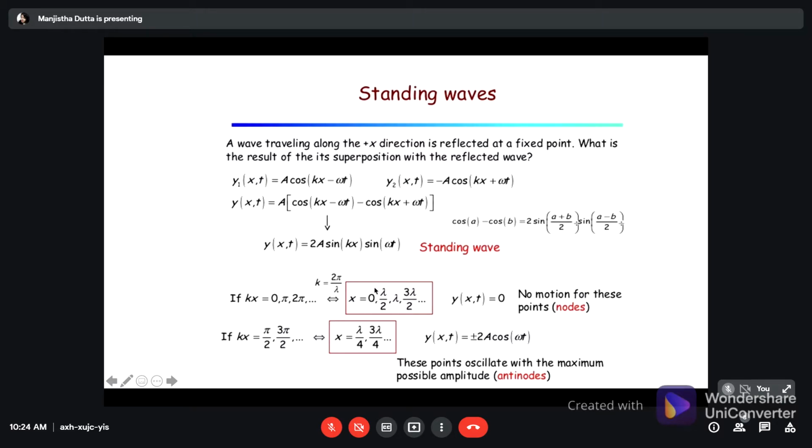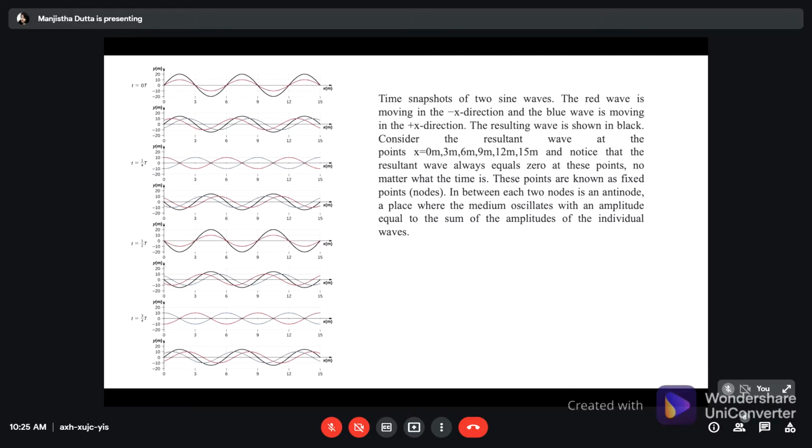So for the graph we are considering, x equal to 3, 6 represents these positions: x equal to 0, lambda by 2, 3 lambda by 2. Whatever the time may be, the actual total displacement is always 0. So this is the time representation, and I want to illustrate both time and space representation of the graph, how this displacement changes.